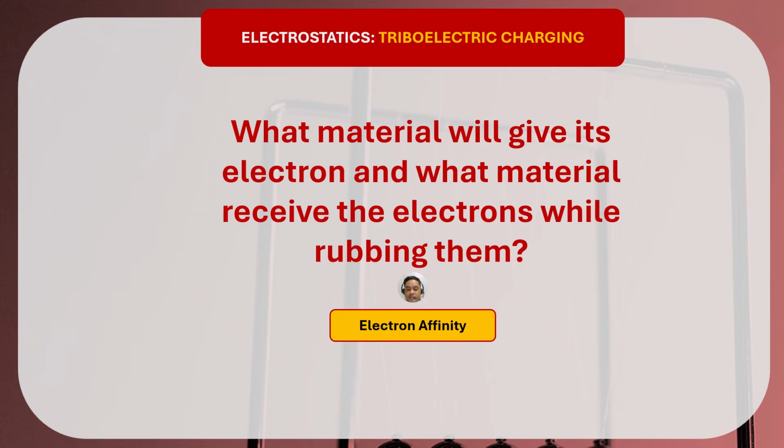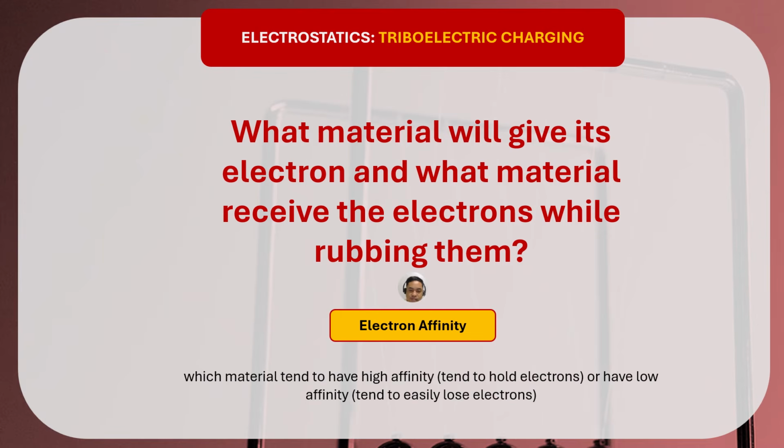There are materials that tend to hold their electrons rather than give them. And there are also materials that have the tendency to lose electrons easily. That's electron affinity, how they will hold electrons or how easily they will give their electrons.